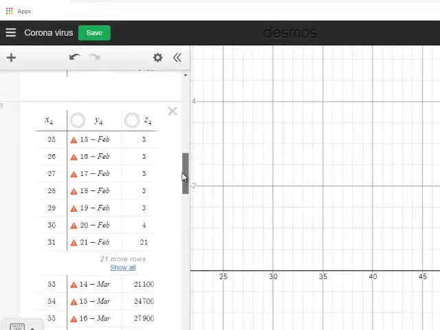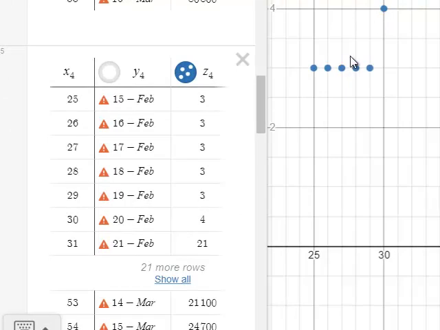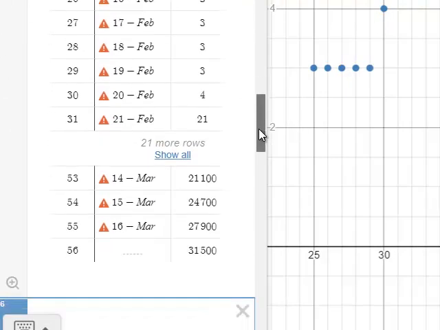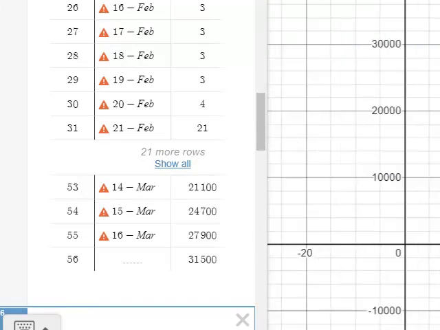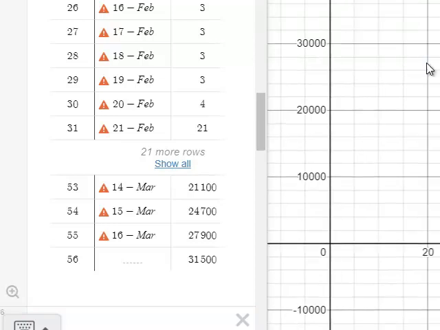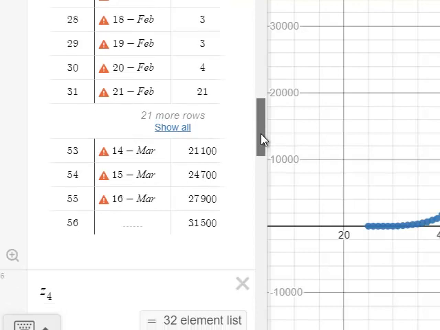So I'm going to graph these. Click on this one here, and there are the data, but they don't show up in the window. So I'm going to click this little symbol here, and there they are, except they're off the screen. So there we go. And then I will put in the exponential here.